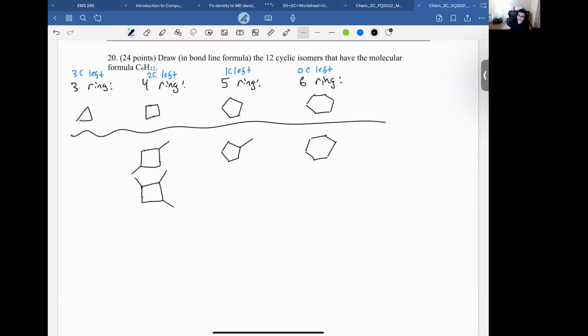It'd be the same as putting it down here. Another one would be if I put the methyl group on the same carbon, like that. And then that's it. Those are all the isomers. Right, I fix one thing and then I move it around to get all the isomers. I think that's the easiest way. At least that's how I do it.